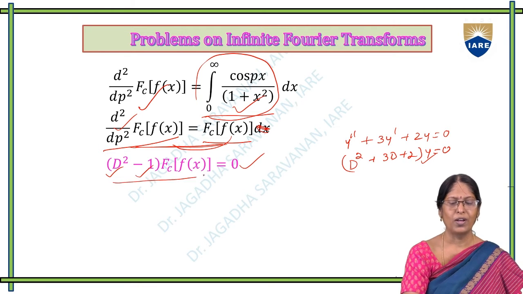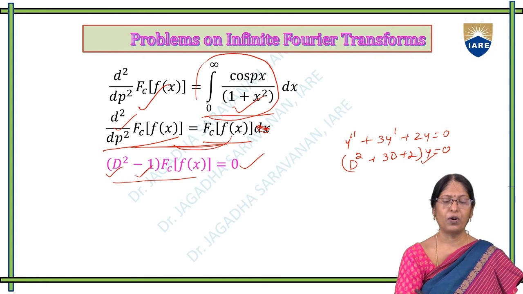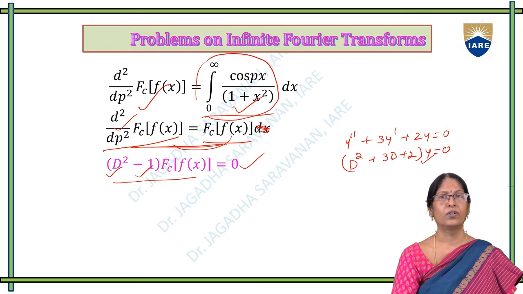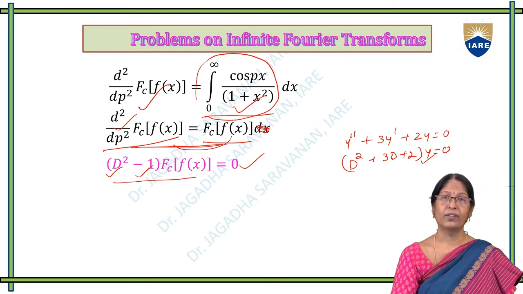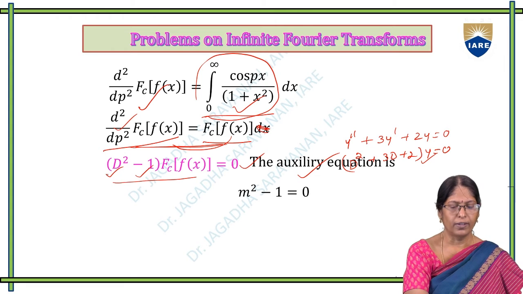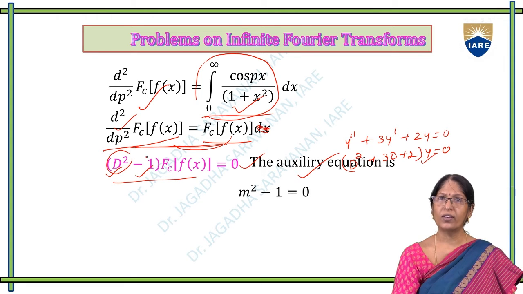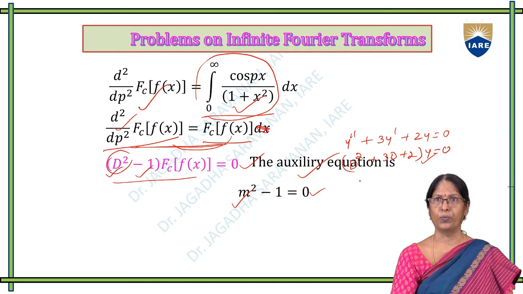Fine. So D square minus 1 of fc of f of x equal to 0, for which we have to write the auxiliary equation. So the auxiliary equation is D square we are taking as m square minus 1 equal to 0.